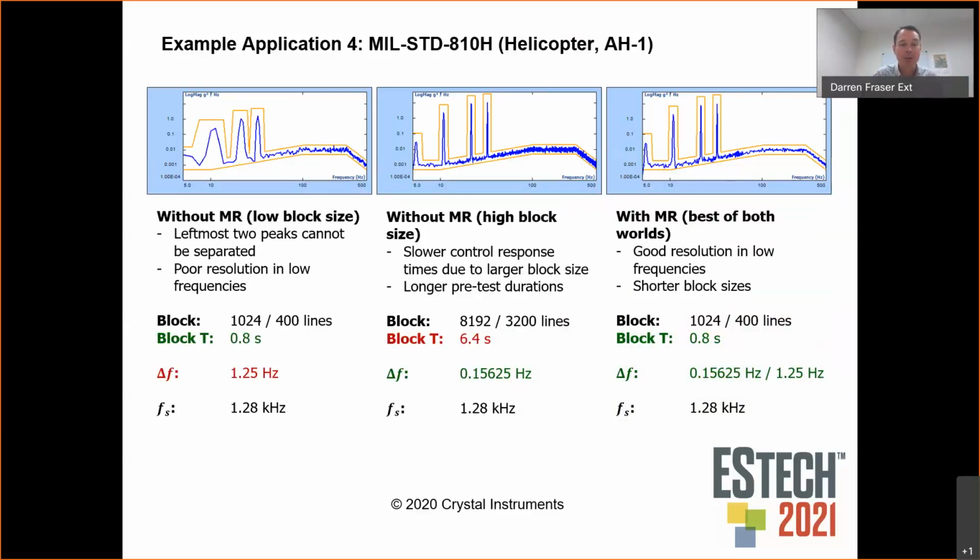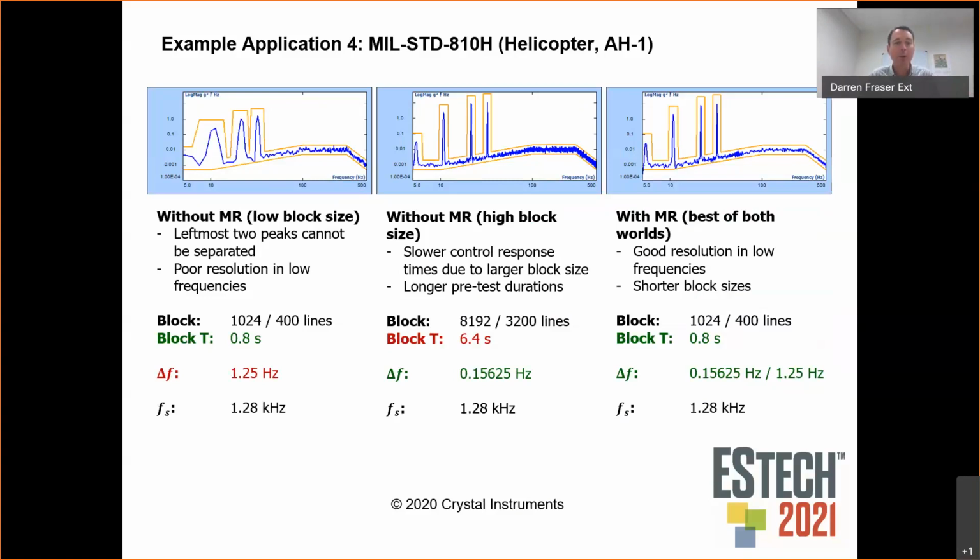So if you wanted to achieve a fast 0.8-second loop time, you could do that, but you would have to adjust your block size down to 1024 points with 400 lines of resolution. No problem. You're not resolving though those two tones there on the lower end.